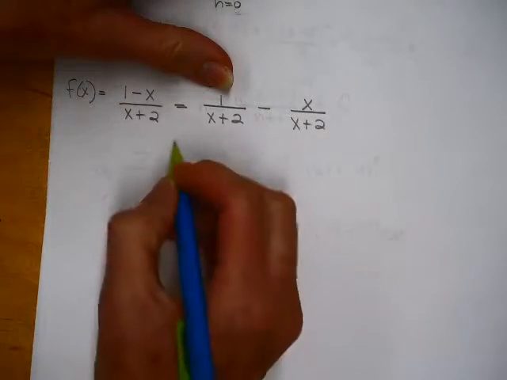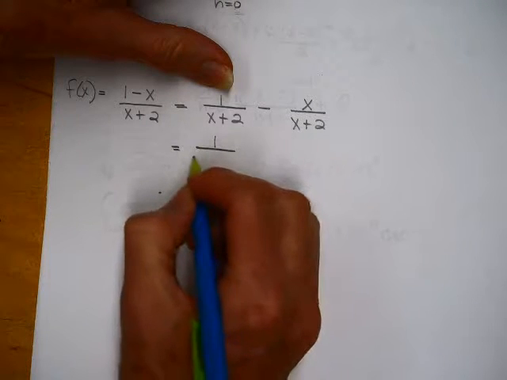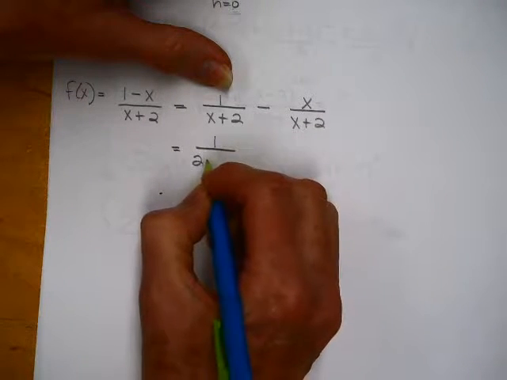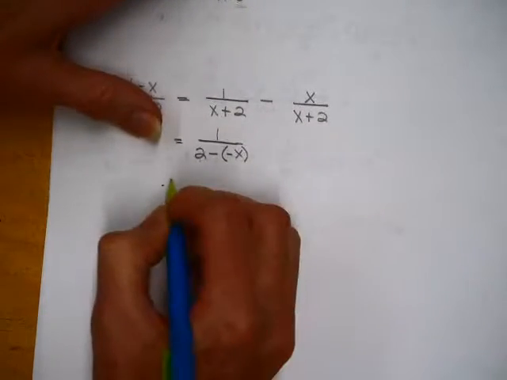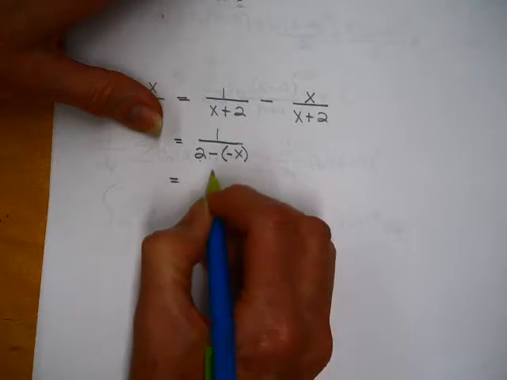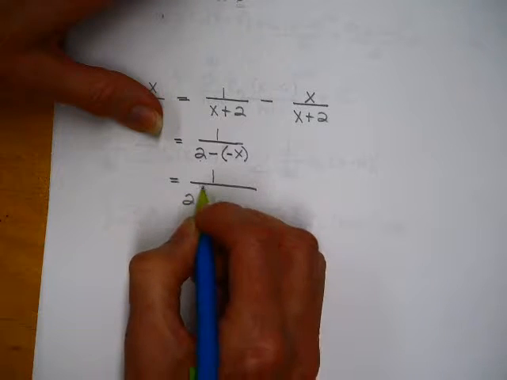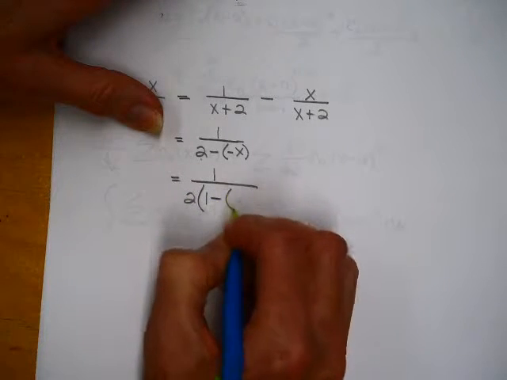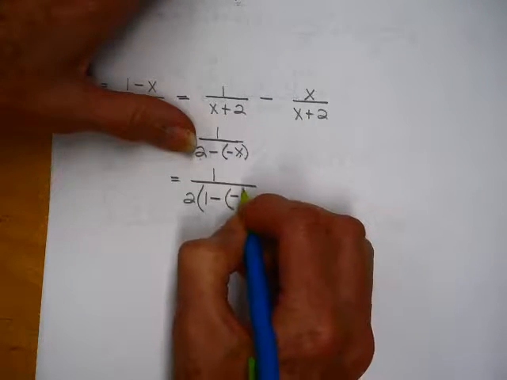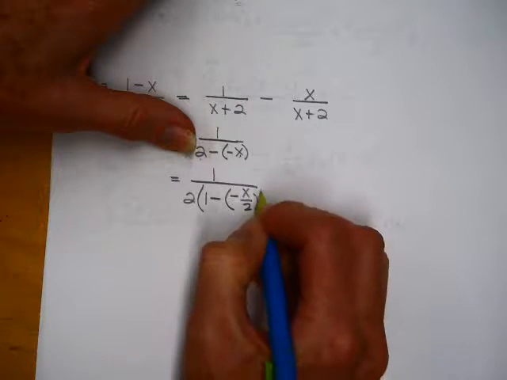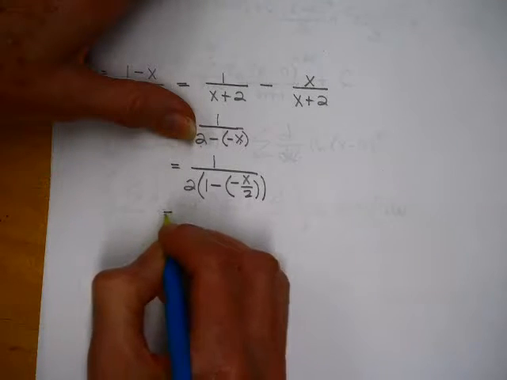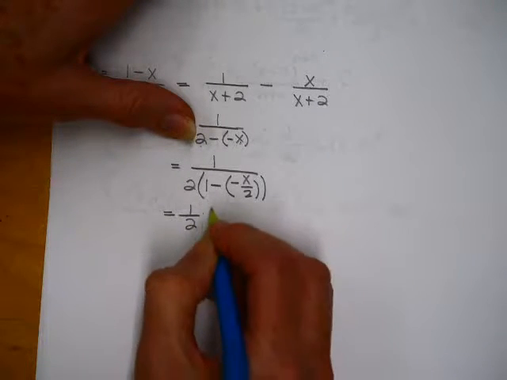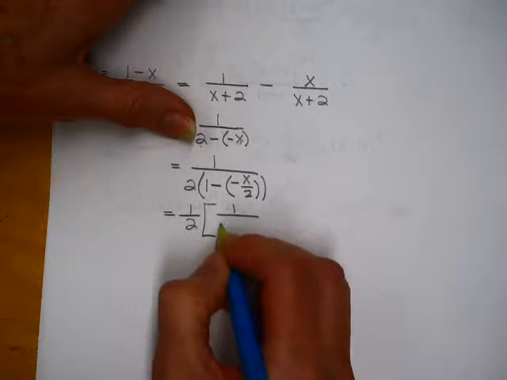So 1 over x plus 2, I would change that to 2 minus negative x. I'm going to factor out this 2. When you factor the 2, remember you've got to put it under your x. You've got to factor it out from your x. So this is 1/2 times this.